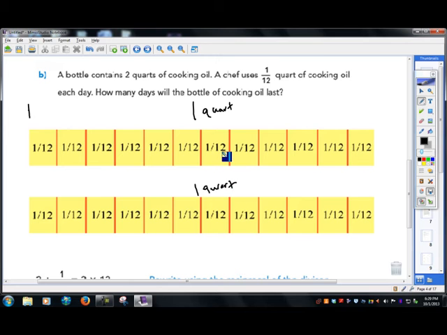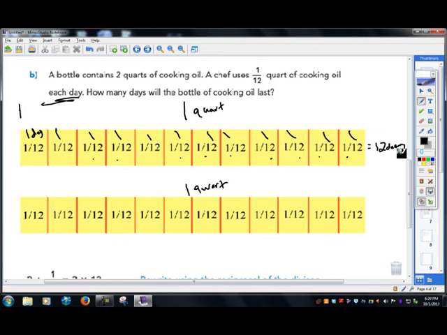Okay? So we know that I'm using 1/12 of a quart of cooking oil each day. So here's 1 day, here's a day, here's a day, and so on. So that means 1 quart of cooking oil is going to last 1, 2, 3, 4, 5, 6, 7, 8, 9, 10, 11, 12 days.